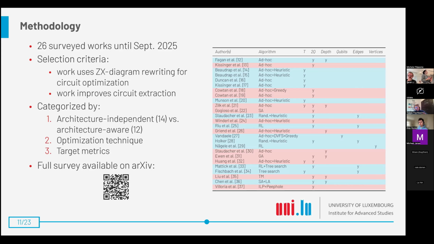I basically put it in there that you either need to start out with a ZX diagram or with a quantum circuit. And then there is a function that converts it to a PyZX graph. And I only put ZX optimizers in there that are based on PyZX.